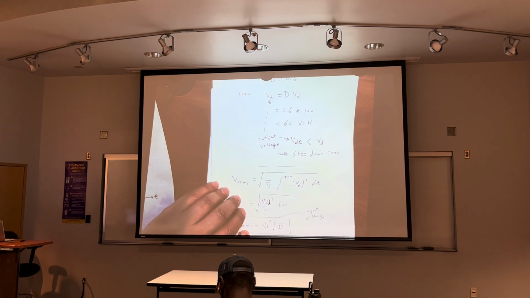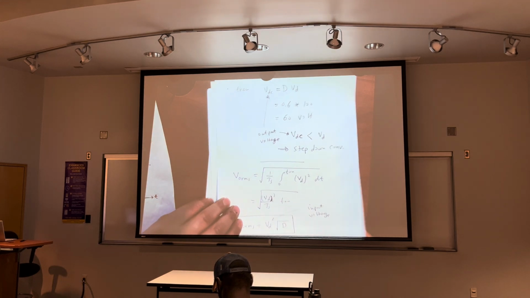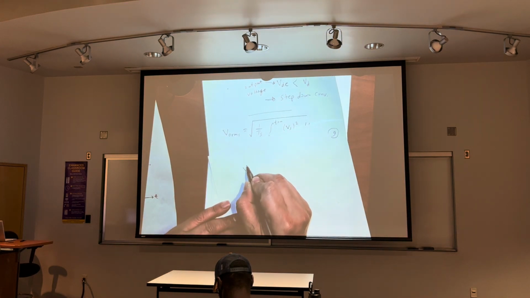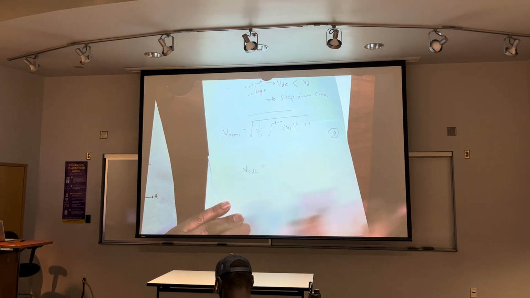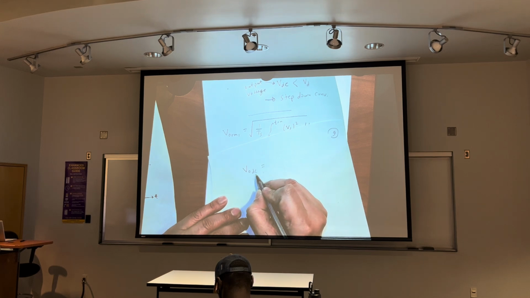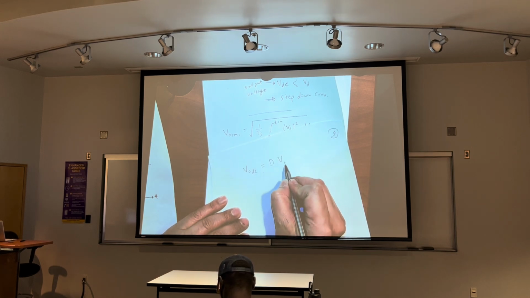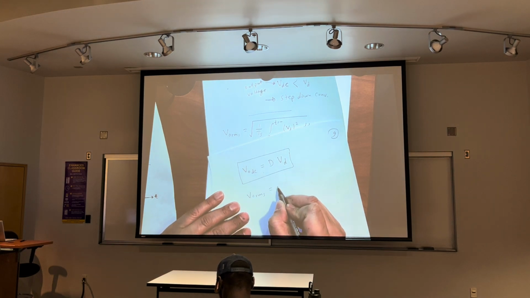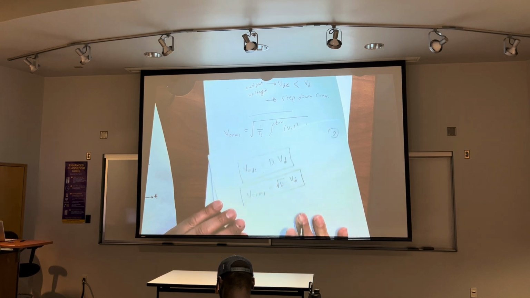And again, now we have V out DC equal duty cycle times VD, and V out RMS as AC equal square root of D times VD.